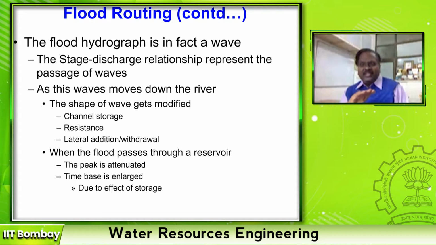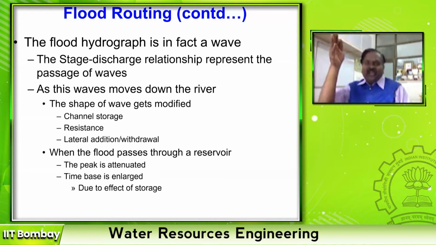Then the depth of water level goes on increasing, and once it reaches the peak value, then it goes down, right? So when I measure that stage continuously, then I can see a hydrograph of stage. That is nothing but passage of flood at a particular section.